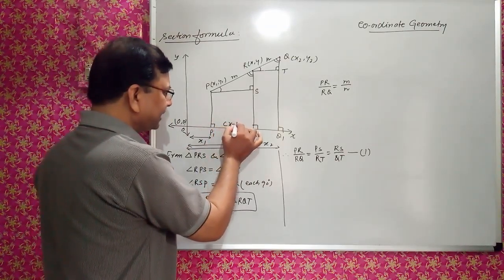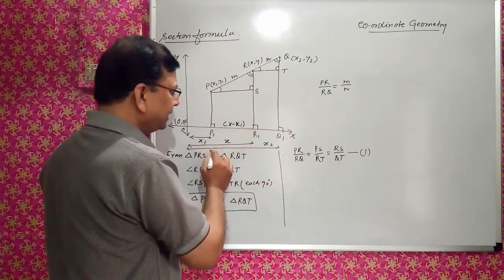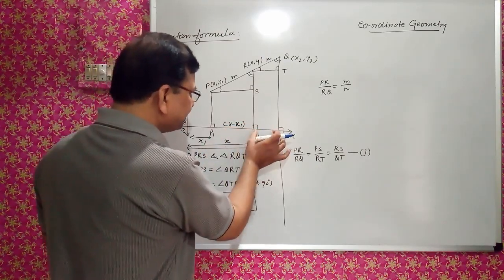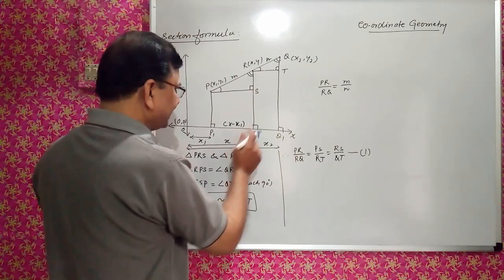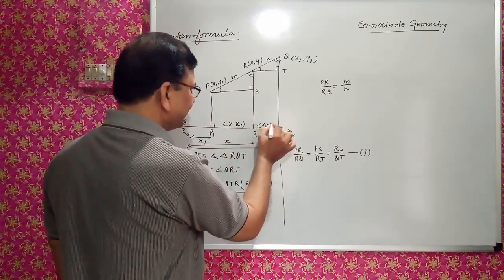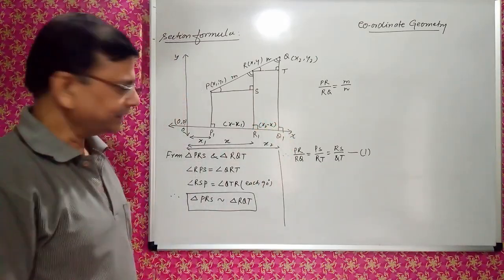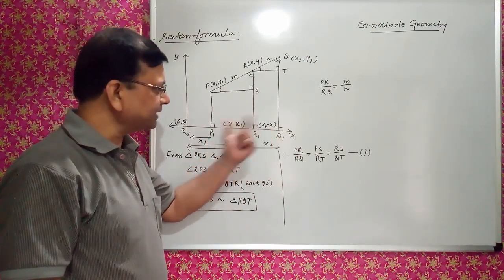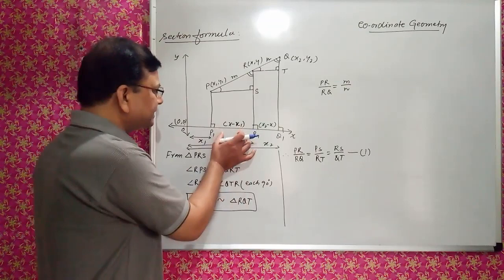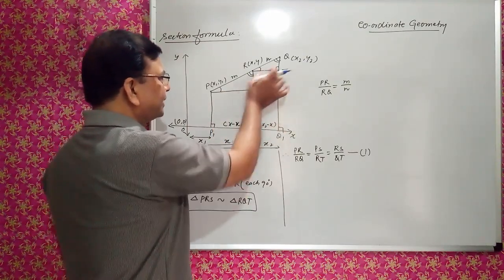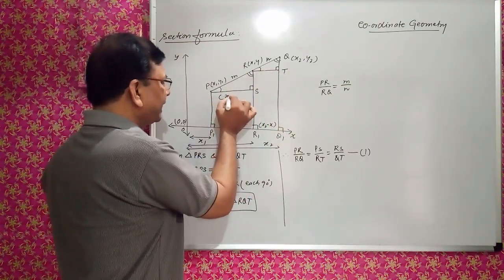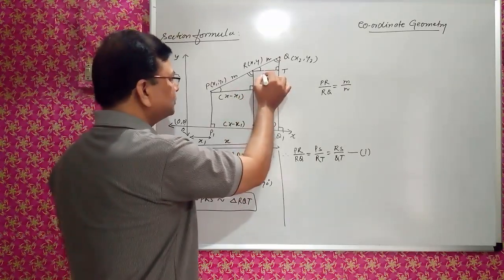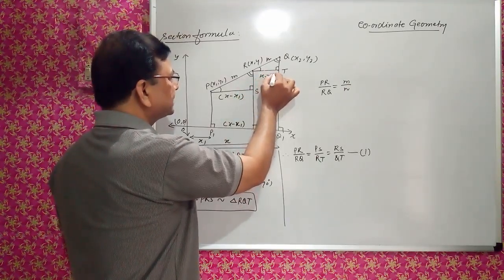Similarly, this part will be x2 minus x. P1R1 is x minus x1, R1Q1 is x2 minus x. This is parallel to this, and this is parallel to this, so this will also be x minus x1 and this will be x2 minus x.